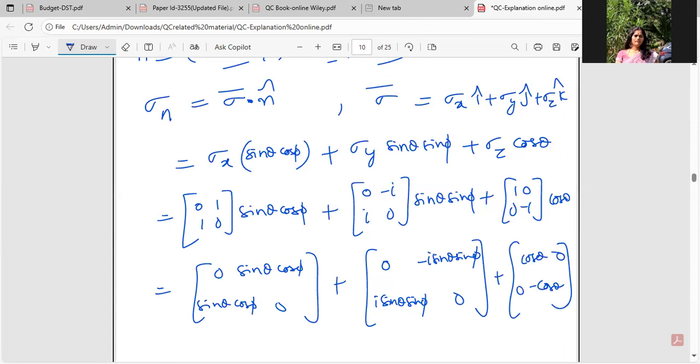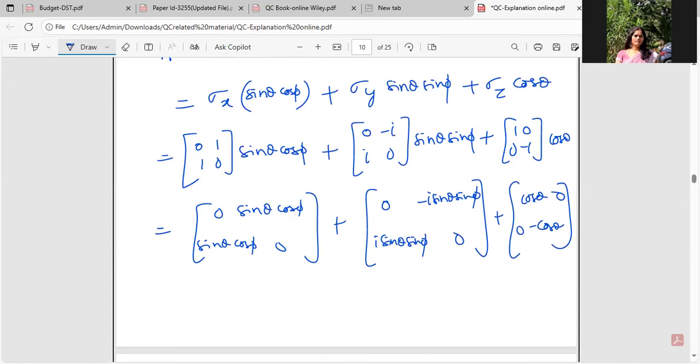Okay, this is my matrix. I add all the respective elements. So 0 plus cos theta would be what? Cos theta. Sin theta cos phi minus i sin theta sin phi. 0, I don't have anything.